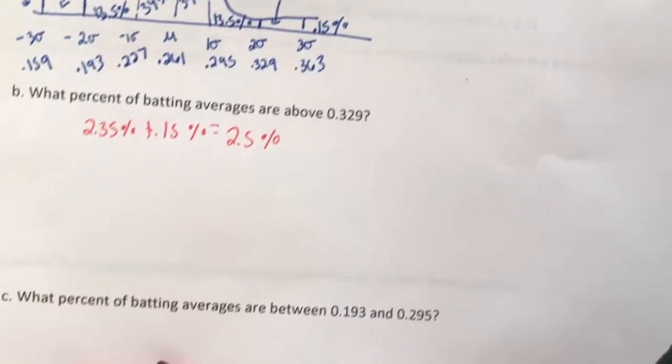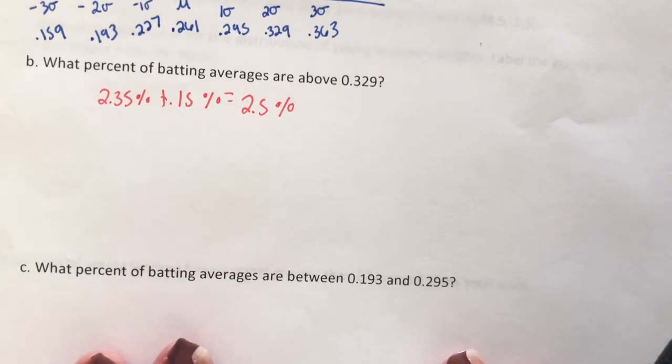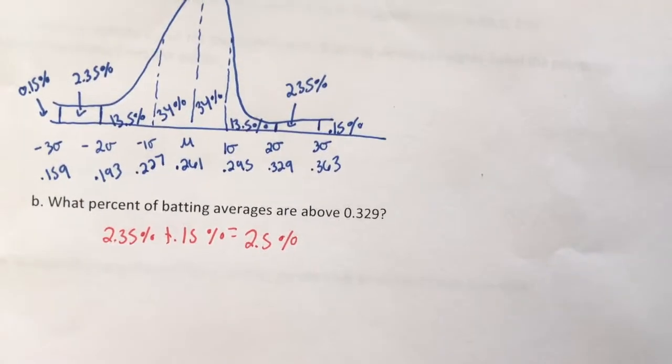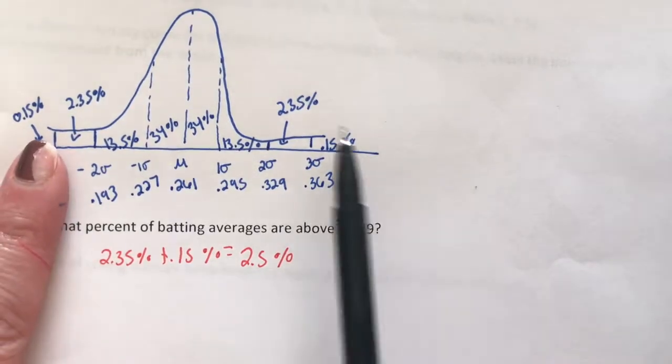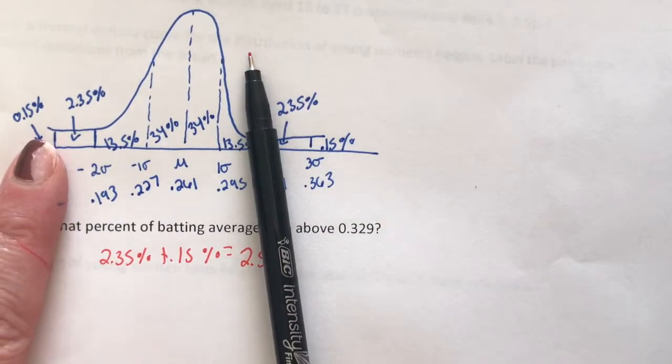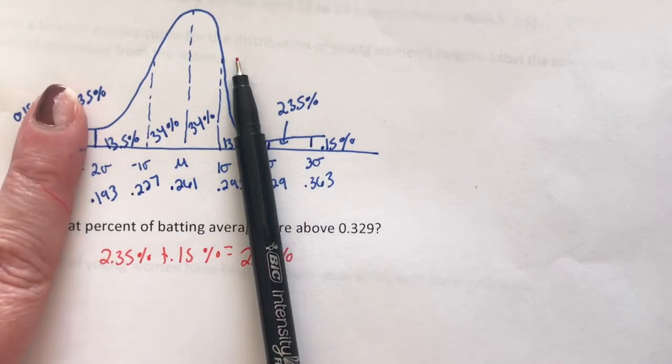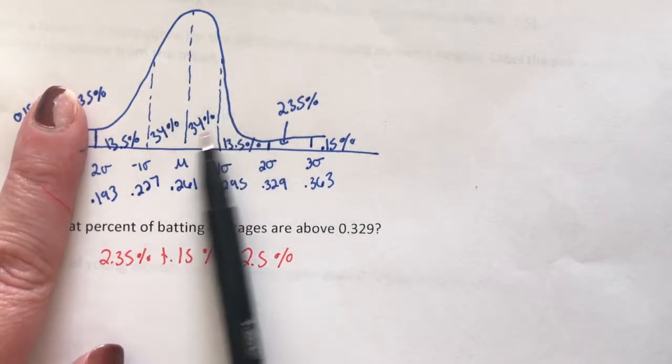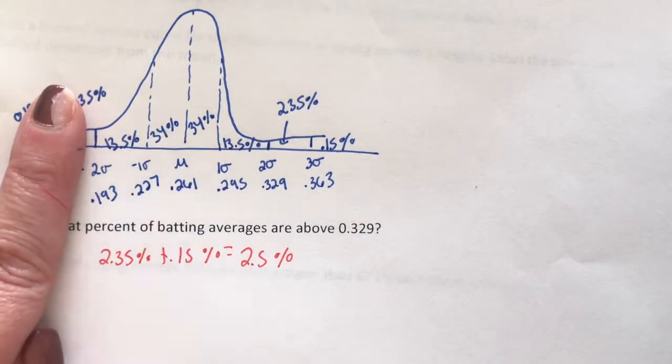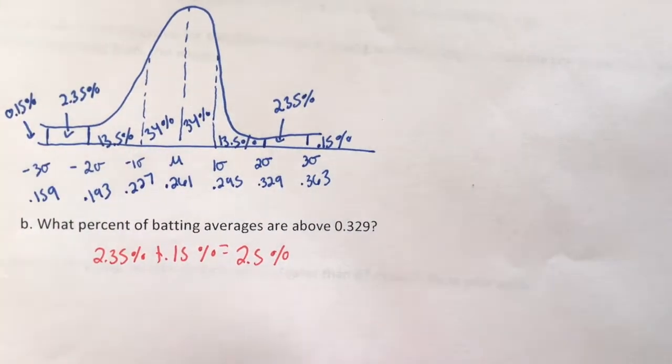What percent of batting averages are between 0.193 and 0.295? So again, take a look at your chart. Here's 0.193 and 0.295. Looking at your chart, I think the easiest way to do that is to just add 68%, because you know 68% fall within the 1, plus the 13.5%.